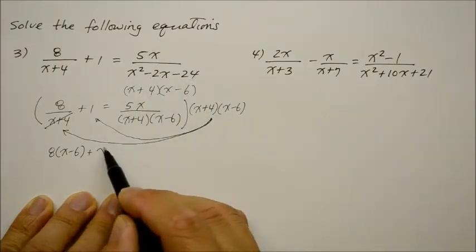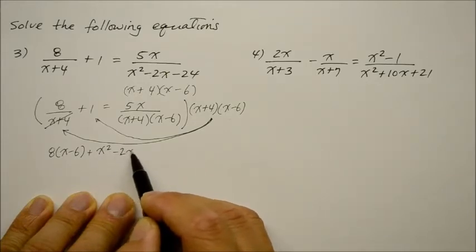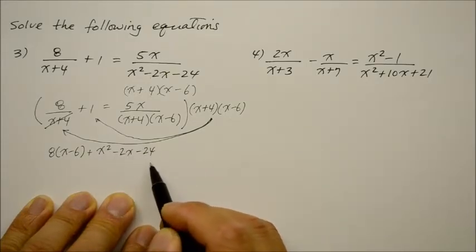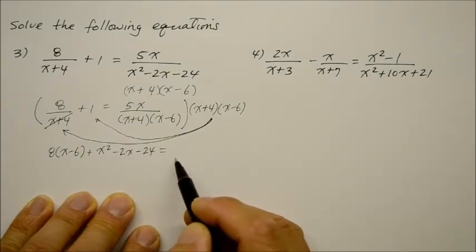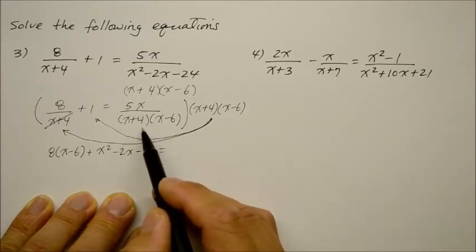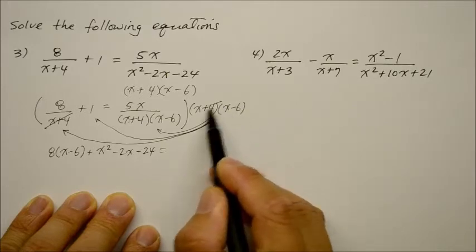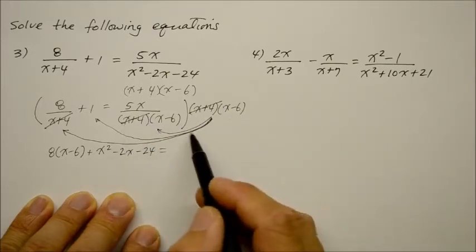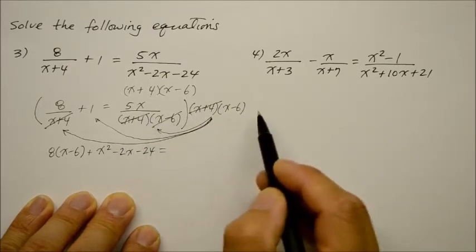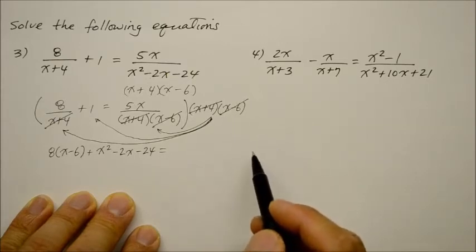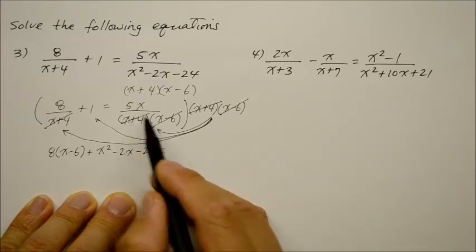So let's make that as x squared minus 2x minus 24. Okay? And that equals, well, to the third one, whoa, everything cancels. X plus 4, sayonara. X minus 6, x minus 6. I guess in German you could say tschüss. So all you have remaining is 5x.